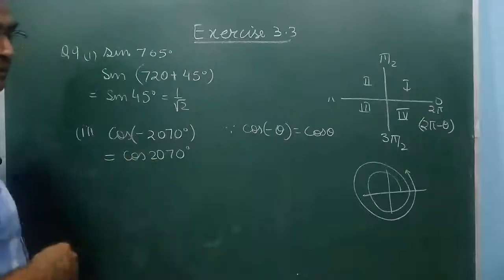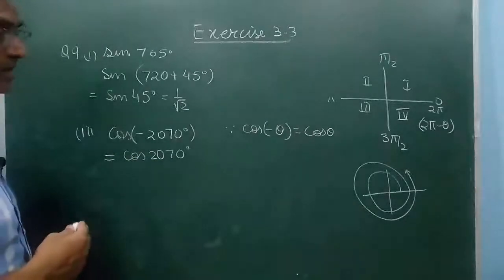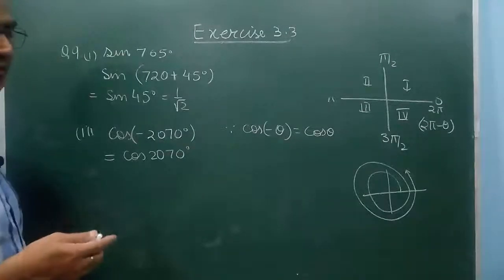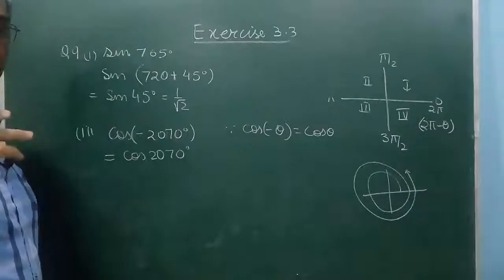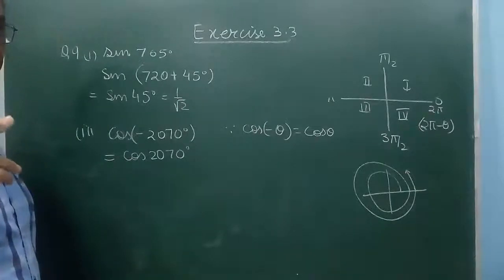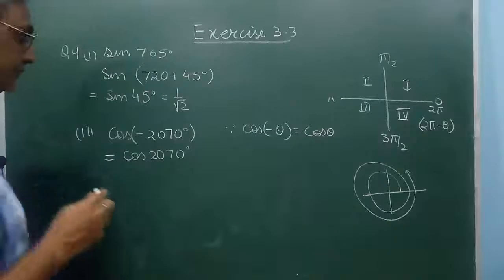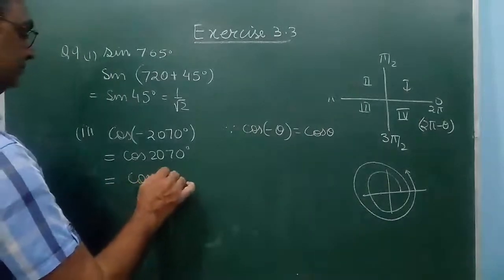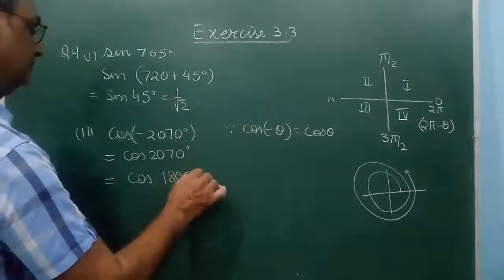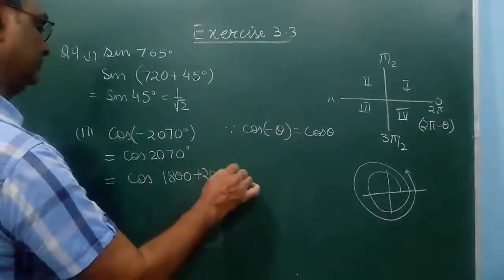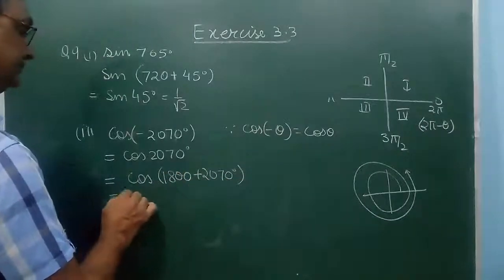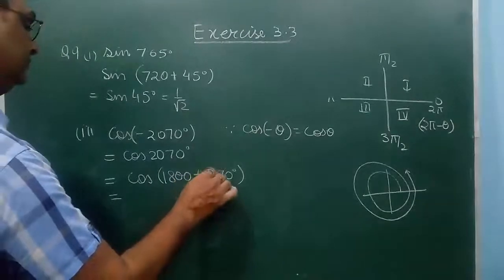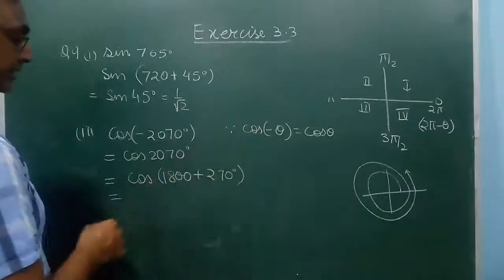Now get the multiple of 360 degree. So 360 degree into 5 is 1800. So here you can write 270.